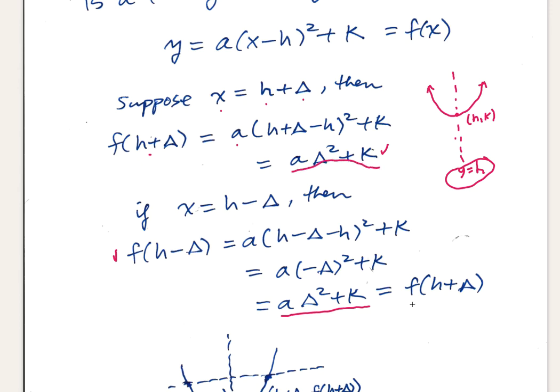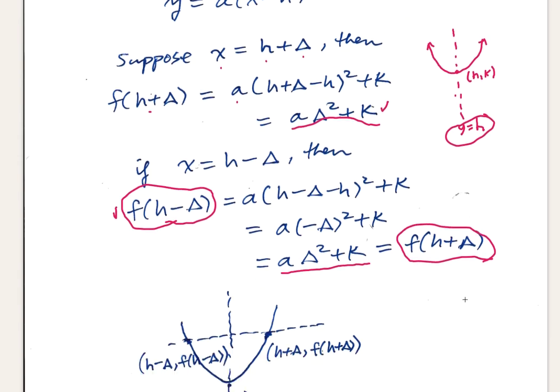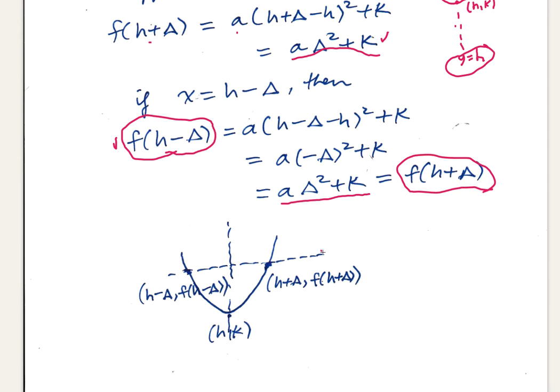So what I've written here is that it's exactly the same value at h minus delta as it is at h plus delta. The same y value. I should really write x and y here. So I've drawn another little picture here for you.